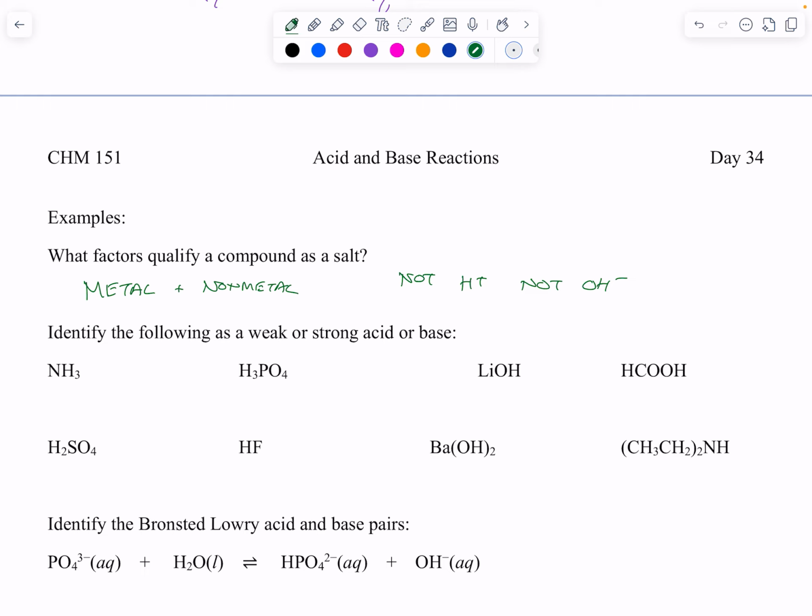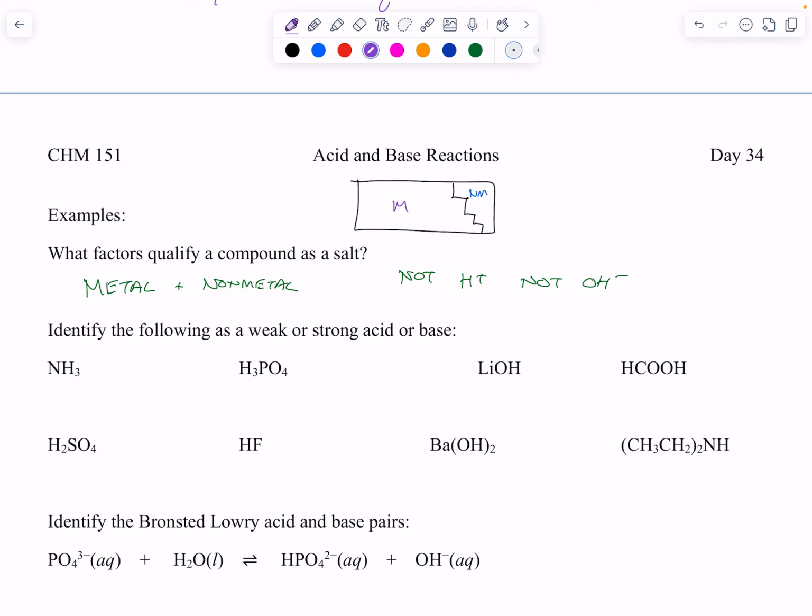Before we do that, let's just recap. If you remember the periodic table, it's got the stairs, right? You got the non-metal, you got the metal, right? And so opposite side of the stairs, far apart, but we don't want hydroxide. Because if we have hydroxide as our anion, that is base.